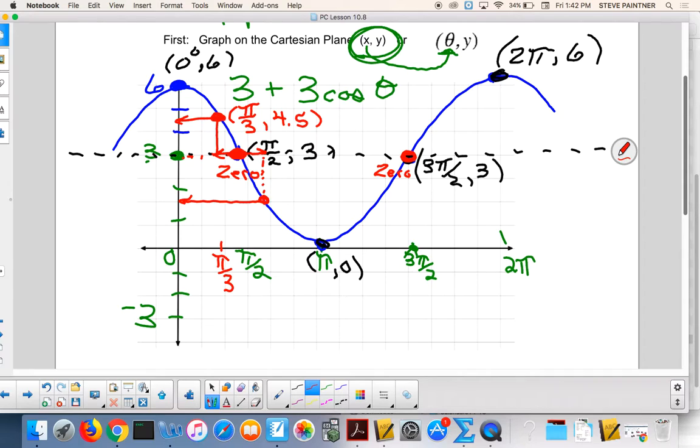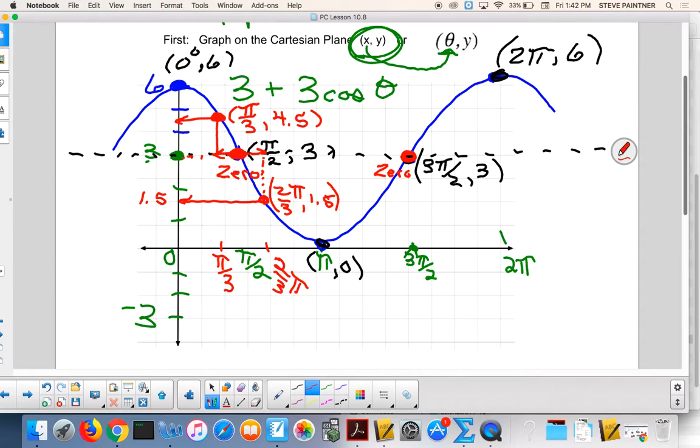So this point is 120 degrees, or 2/3 pi, right? So at 2/3 pi, what's the y value? 1.5. That's an easy one. I keep going around the corner. I get to my next 0, and there it is.